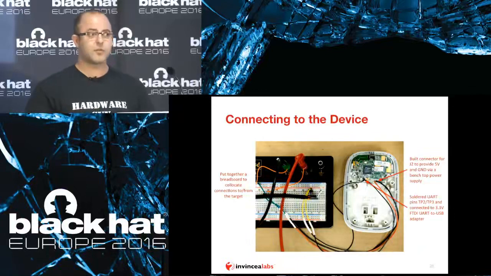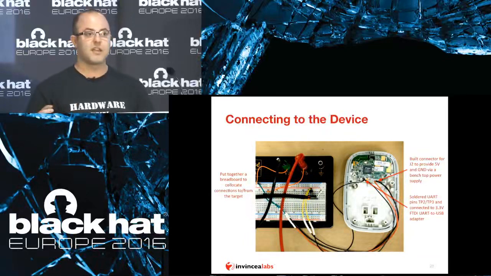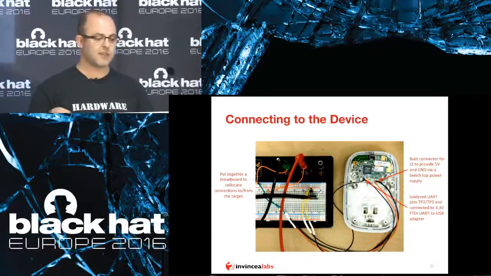We cracked it open and removed the application board. It's a high voltage relay, the switch used to turn whatever's plugged into it on and off. We didn't want that high voltage stuff in there when we were poking around, so we took that out. Unfortunately, the power supply for the Wi-Fi board is on that application board. So we made a connector that plugs into a benchtop power supply, and that's what you see on the left-hand side of the slide.